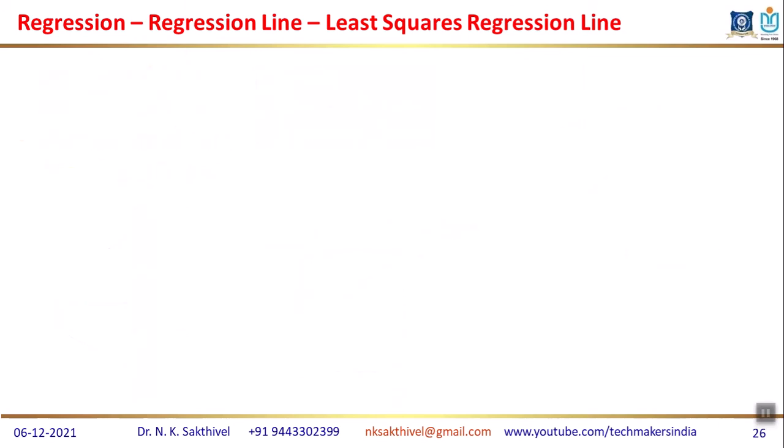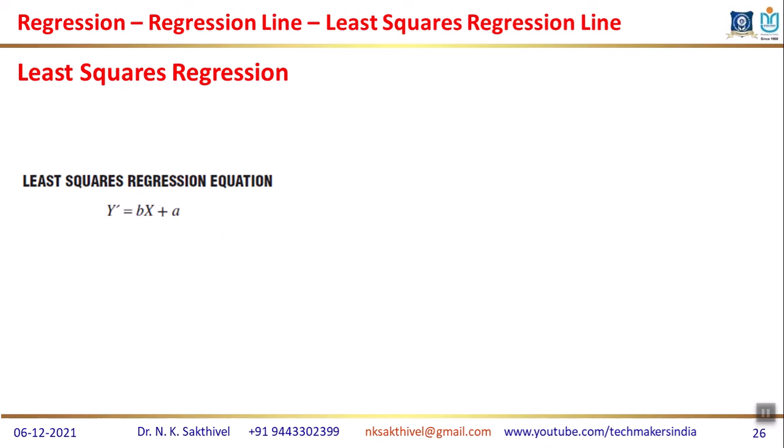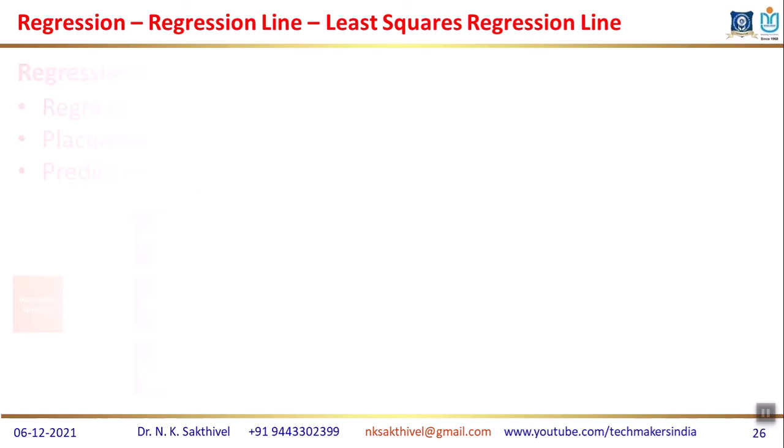Now you can understand. Based on that, I would like to focus on what is least squares regression. Least squares regression means, from the name it is clear, least means minimum error. That minimum error distance I square so that the error can be minimized, either plus or minus. You can understand this diagram.